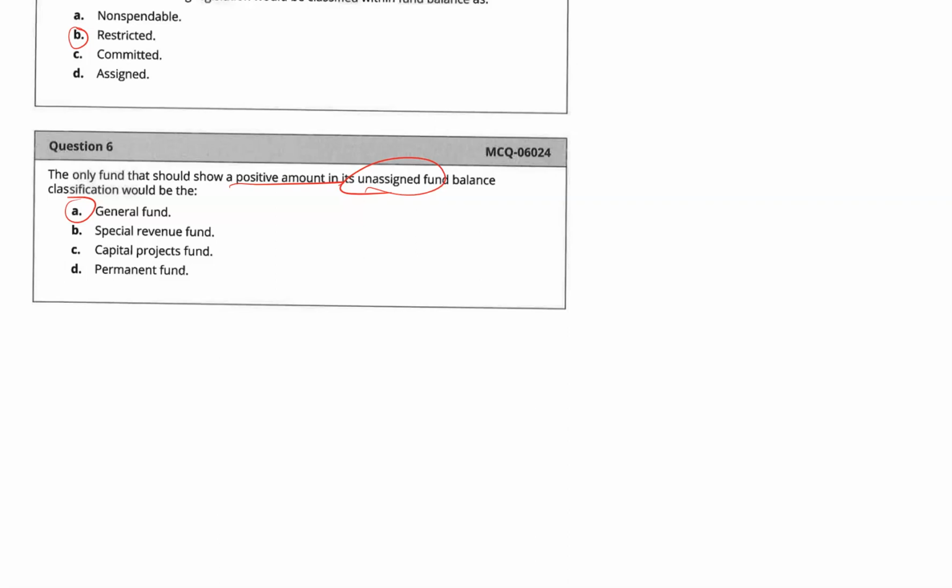And then you will see the general fund will have a huge amount of unassigned fund balance. That means they can spend those funds for any purpose, or they can transfer the fund to other funds. So the general fund usually has a positive unassigned fund balance. On the other hand, other funds you will see under the governmental, they will have negative unassigned fund balance.